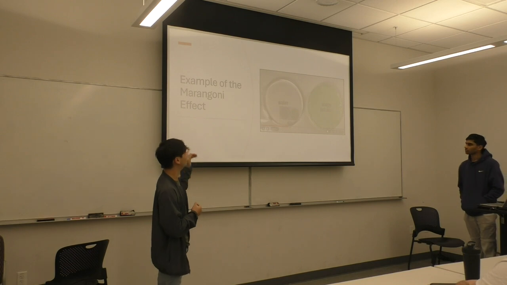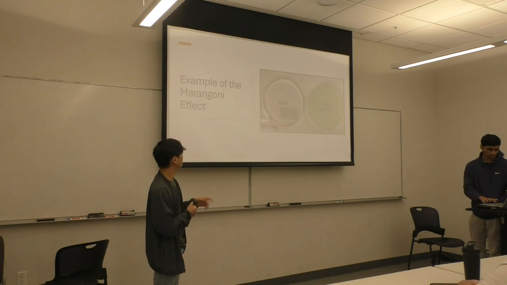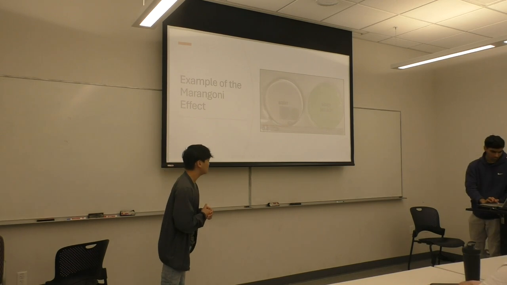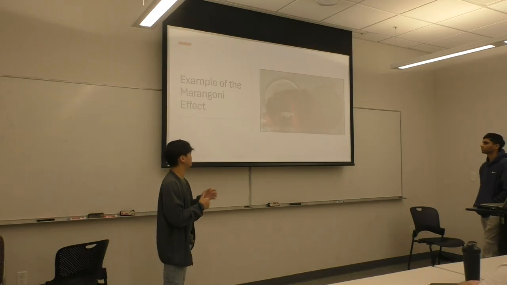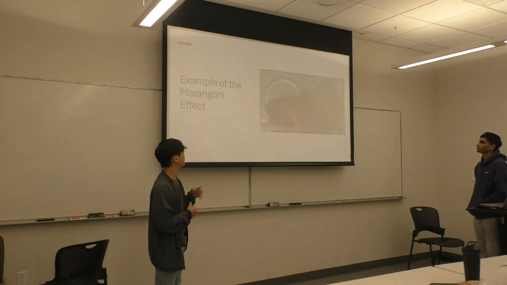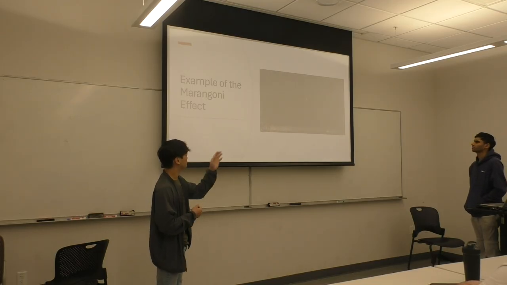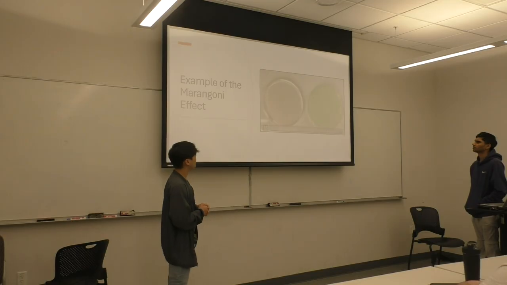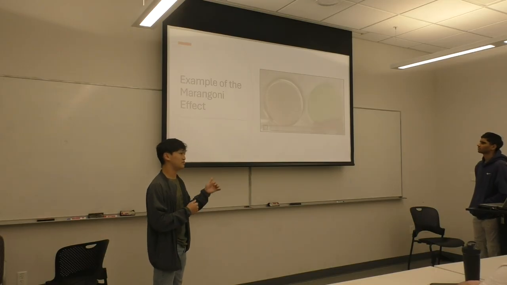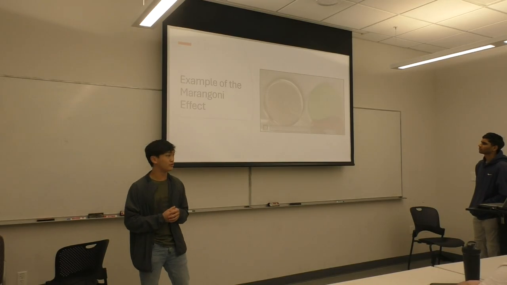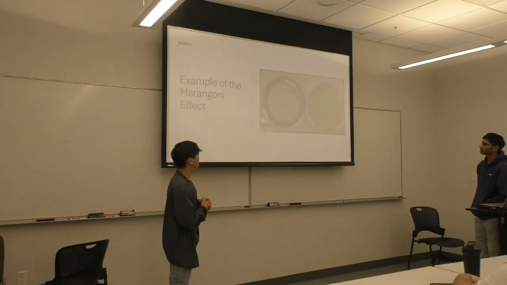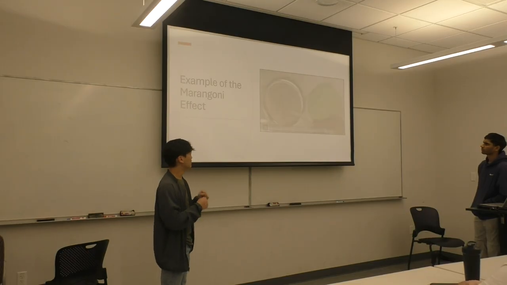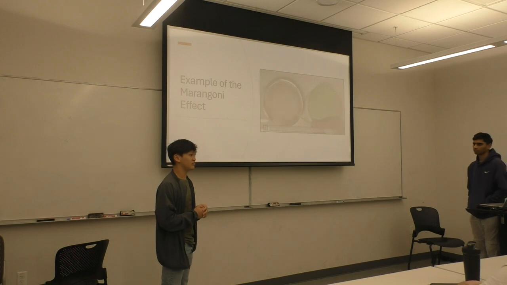So this is an example of surface tension. If you can hit play. It's an experiment, or just a visual representation, of salt and water. And then on the right side is soap, and how soap has a lower surface tension than water. When you place the soap inside of the water, it seems to shoot out.